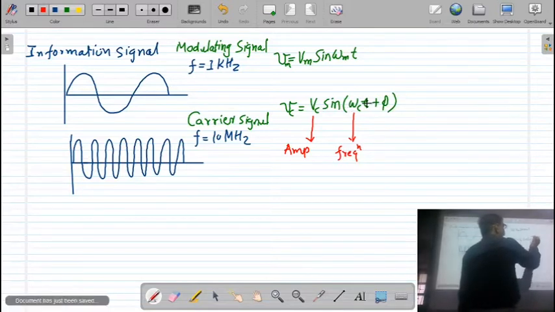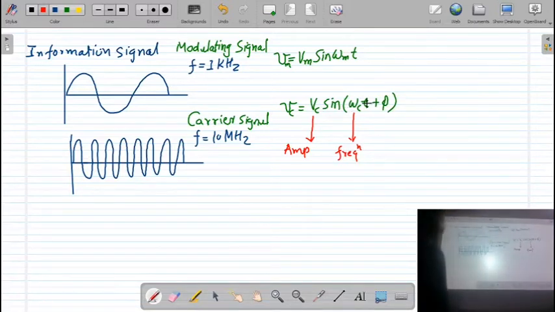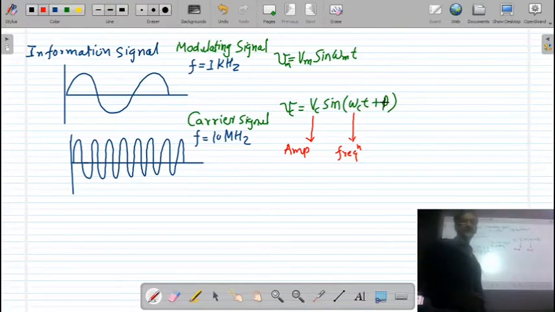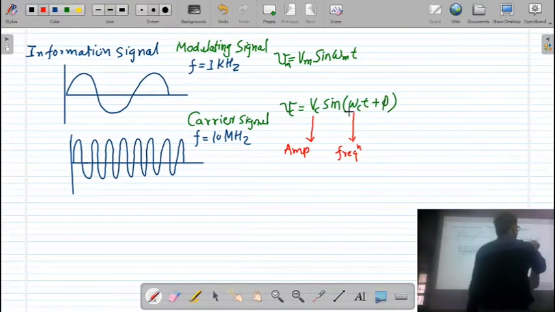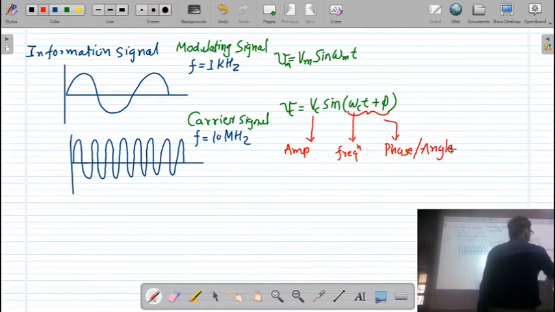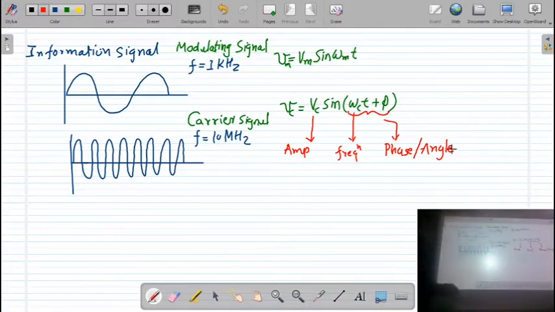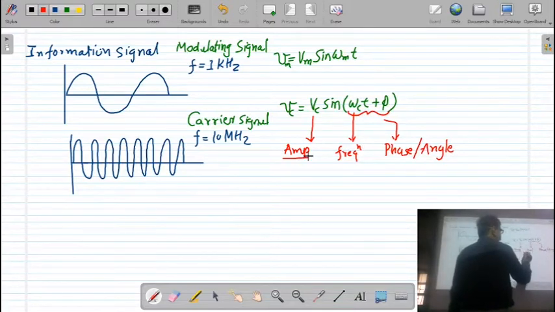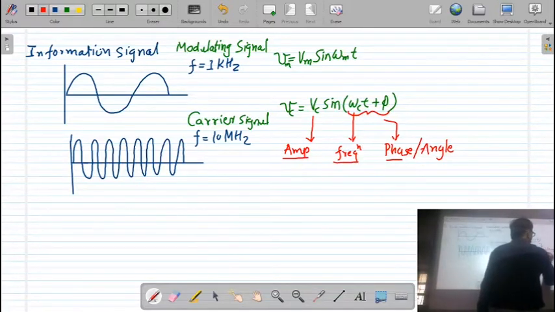Here, omega_c t represents an angle. This phi is also an angle, and it is known as the initial phase of the signal. So this bracket is called the total phase of the signal, or the angle of the signal. So whenever we have an AC signal, we can describe it by amplitude, frequency, and phase.